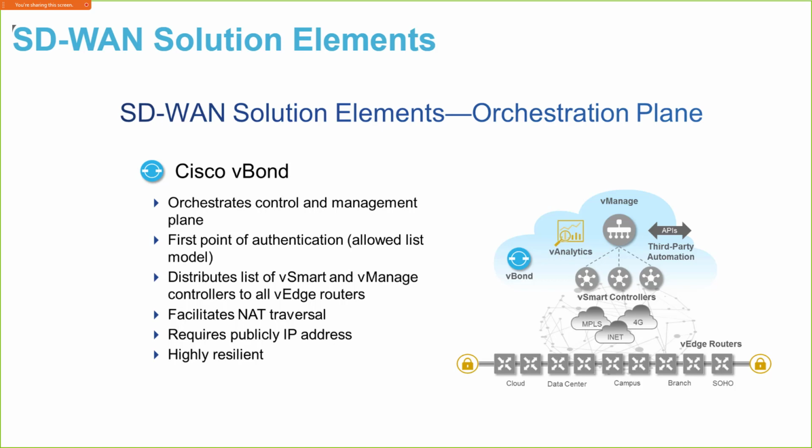I know that we don't see all of these pieces on this slide. We see the vEdge routers and the vSmart controller and vManage and vBond. So what I want to do is talk about what each of these pieces are in more detail, right? The vManage, that's your centralized management system.